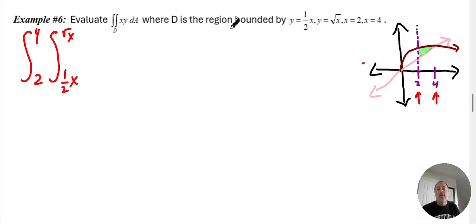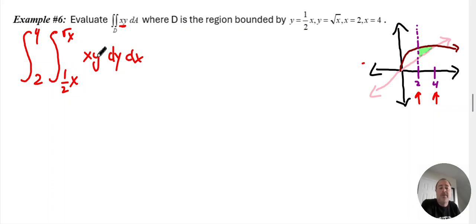All right, and then we're going to take whatever the function is given to us. So this is going to be our x and our y, and remember this is dy, so we'll do it with respect to y first, and then with respect to x. All right, so hopefully that makes sense on how we set the problem up.